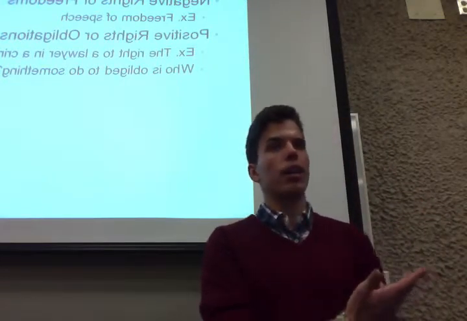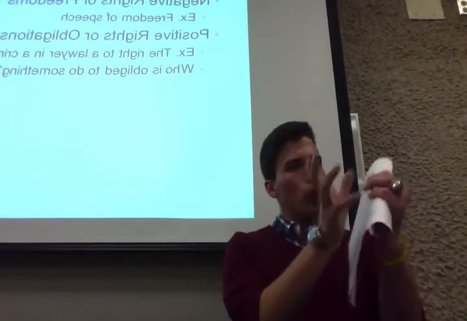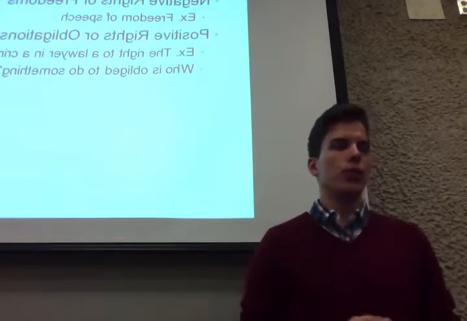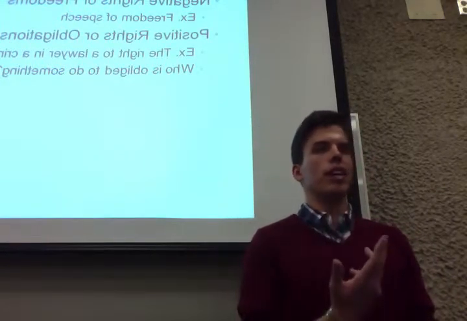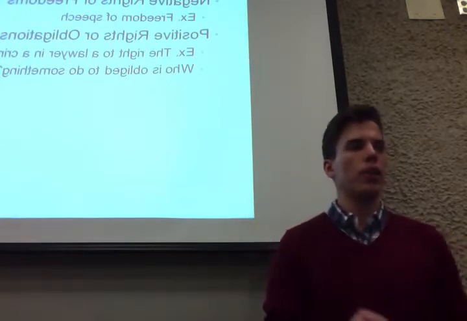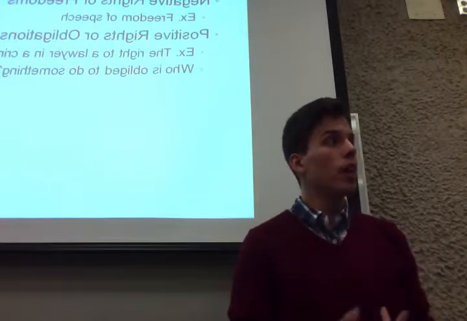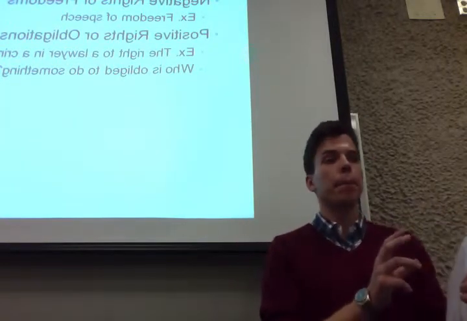Whereas a group right allows a group of people to have the right, and then the group as a whole exercises that right. It's a little bit fuzzy, but the example that I use are unions. Unions can negotiate wages on behalf of their members. Individual union members don't negotiate their wages with different firms. They have union representatives to speak on behalf of the group and negotiate rights in that way.